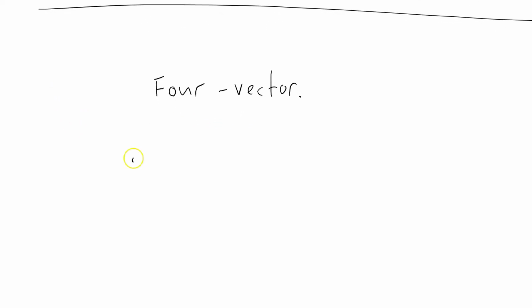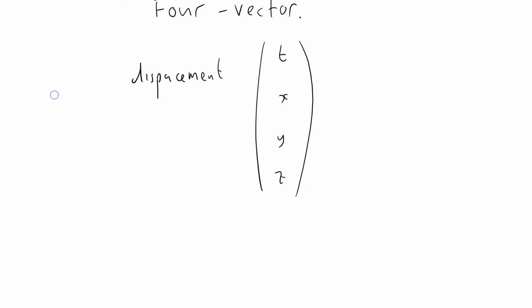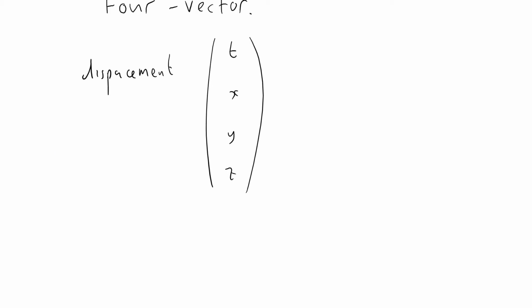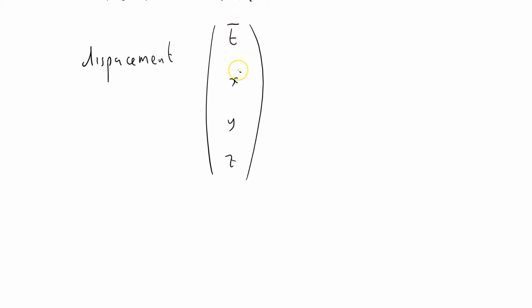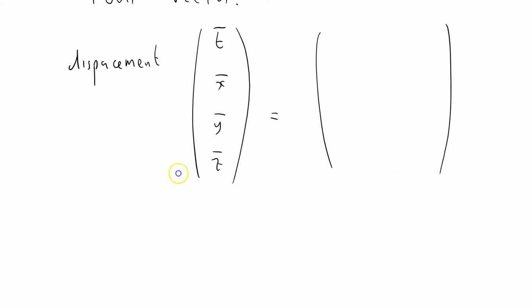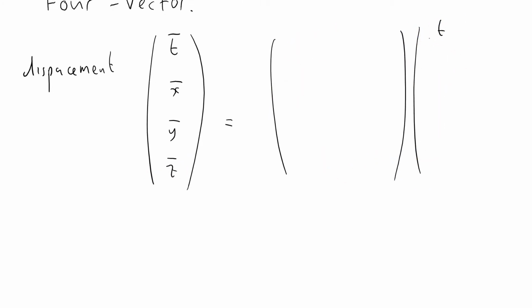Well, we know about displacement already. If I talk about displacement, we've got t, x, y and z, and we know how that transforms under a Lorentz transformation. If I put the bars over there, that equals some big matrix, times t, x, y and z.